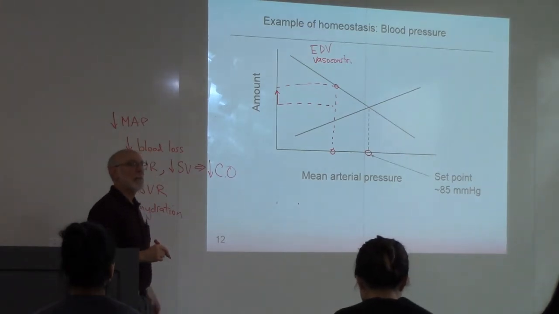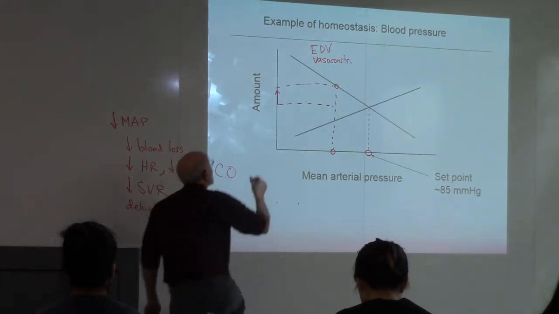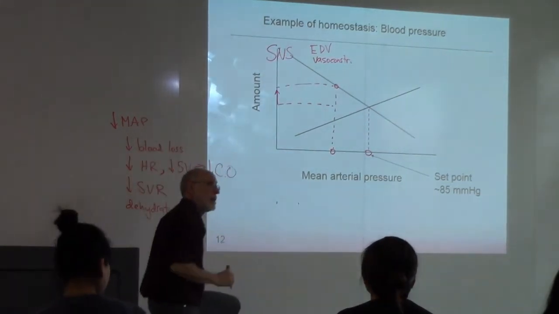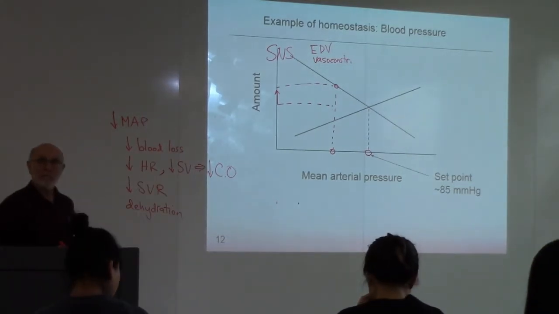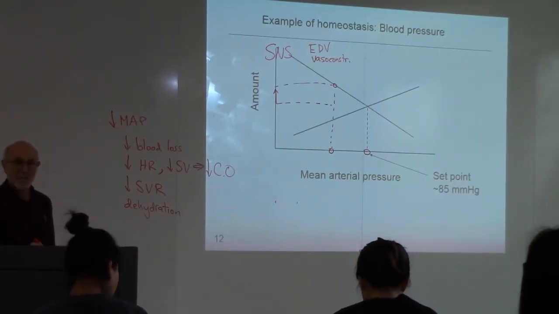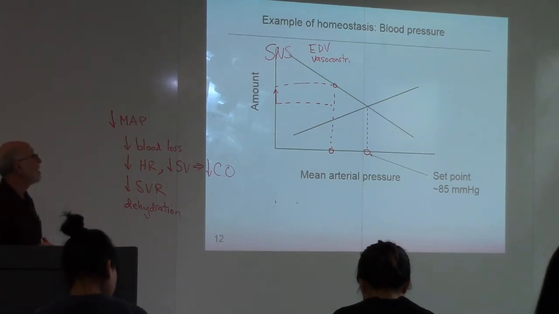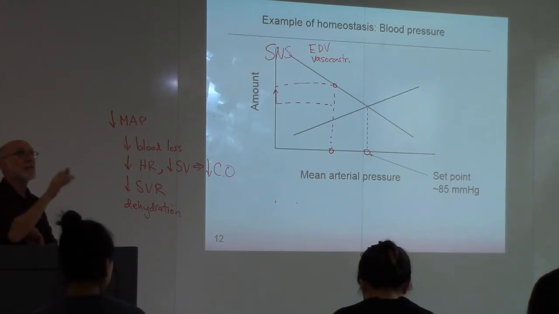What's a system that would be activated? The sympathetic nervous system is going to get activated and that's going to do the things. End-diastolic volume will increase and vasoconstriction will happen at least some places due to the sympathetic nervous system.